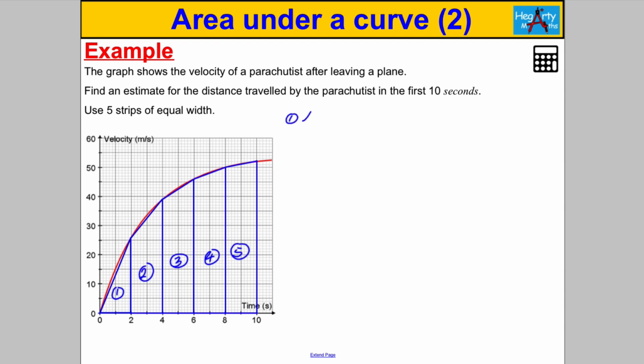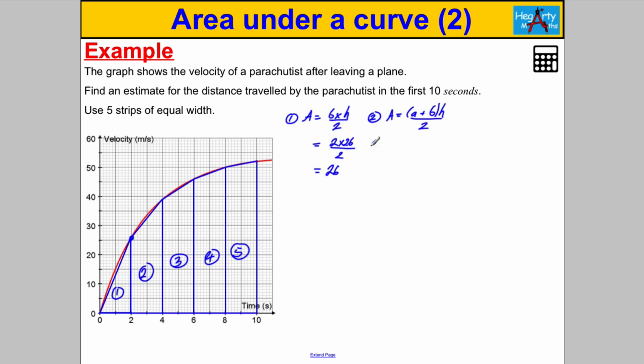So for shape 1, the area is base multiplied by height divided by 2, and the base is 2 and the height appears to be, in this particular case, 26. So it's going to be 2 multiplied by 26 over 2, which gives us 26. For the second one, this is a trapezium, so it's A add B multiplied by H divided by 2.